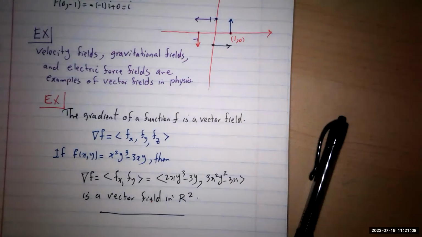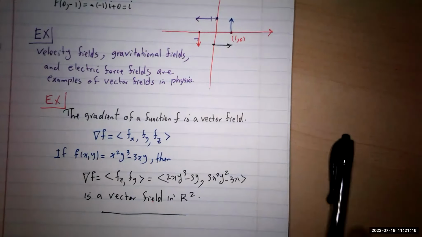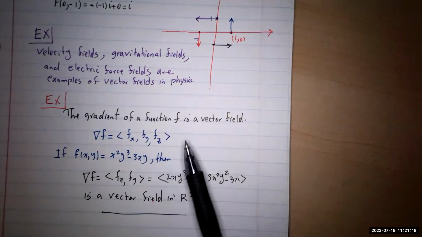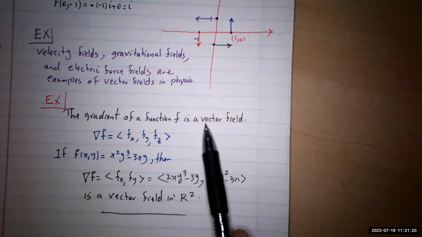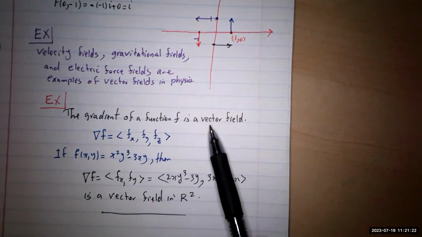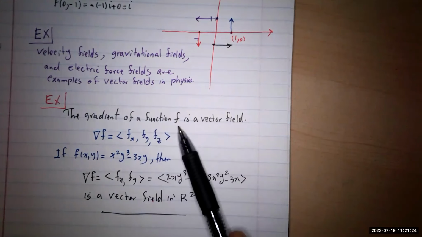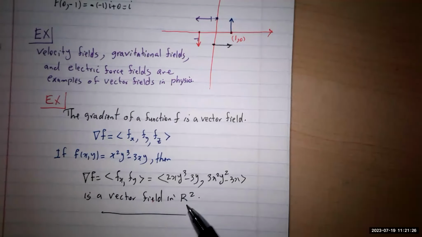Now, that will take us to our first very important question for the rest of the course. Over here, if you consider a real valued function of 2 variables, 3 variables, then I can quickly make a vector field for you. Okay. So the question is, is this the only source where you can find vector fields, or is there any other source?